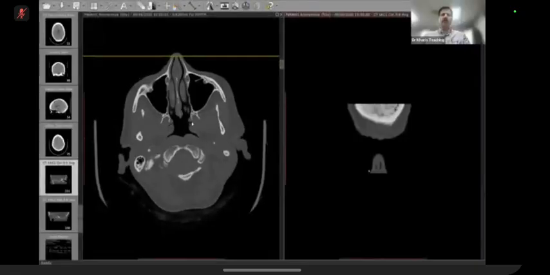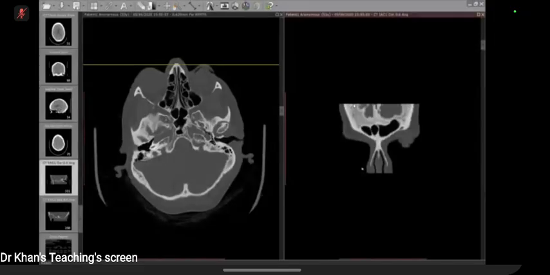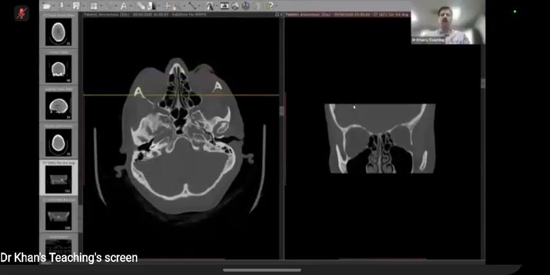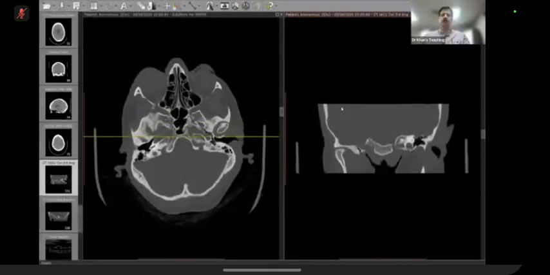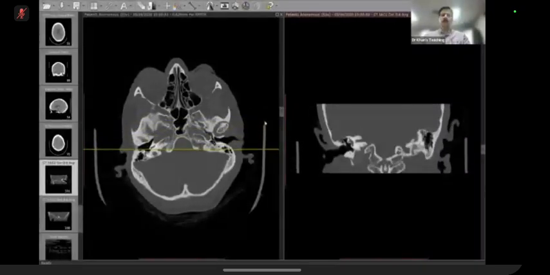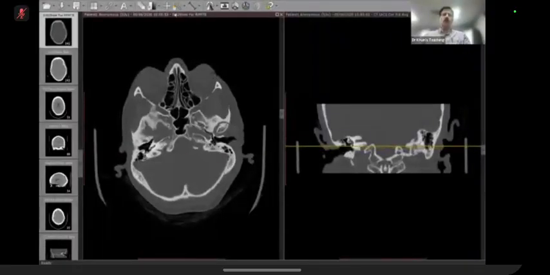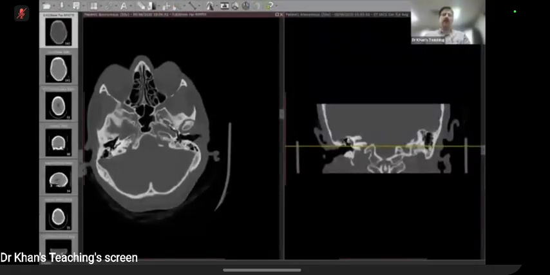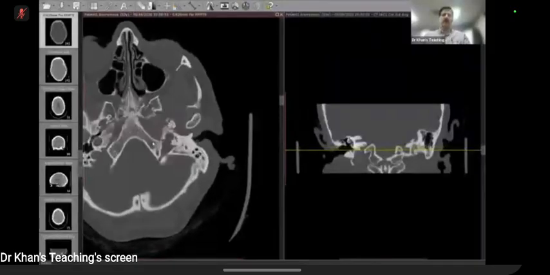Candidate 2, can you see a DICOM viewer? Yes. Okay, so now what we are going to do, we will slightly make it larger and just concentrate on the left side.